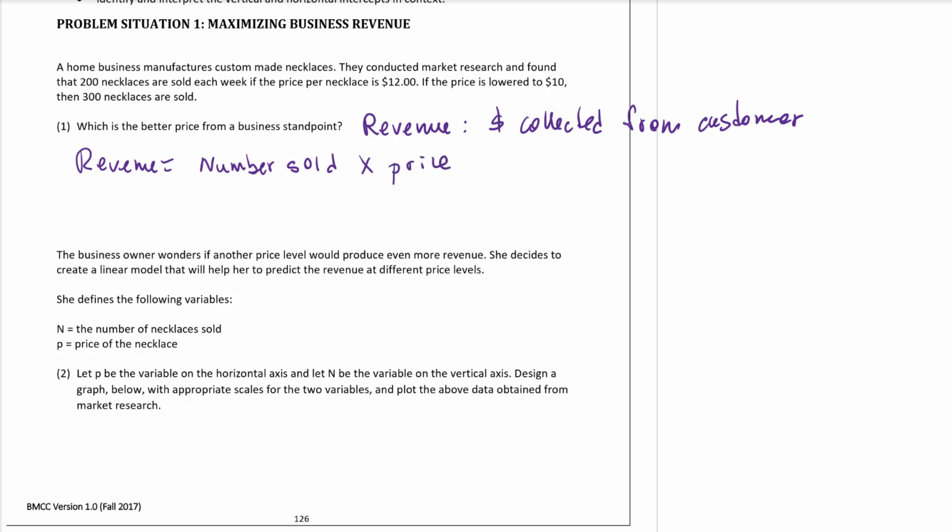So from the first one we got 200 times 12 per each one, so that gives us $2,400, while the other one we got 300 at $10 each, which gives us $3,000.